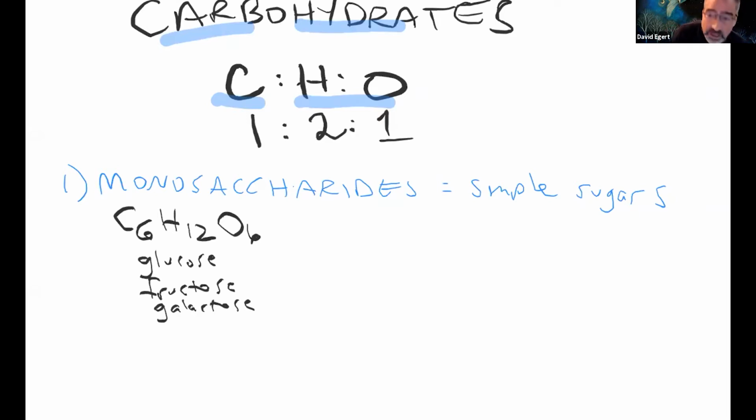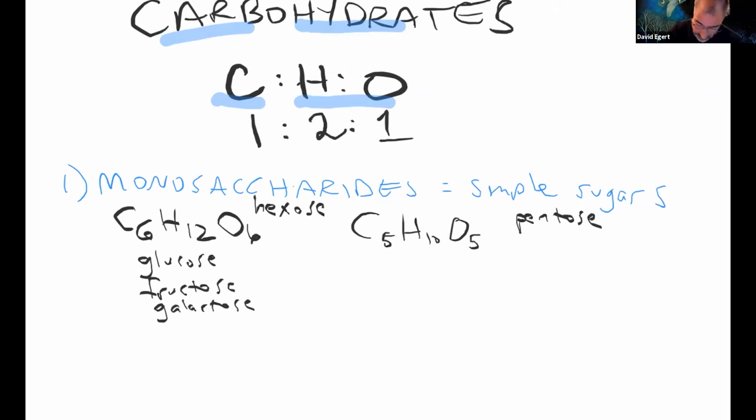Other monosaccharides have the same ratio but have 5 carbons, C5H10O5. What are examples of this? That would be a pentose sugar, for 5. This would be a hexose sugar, for 6.